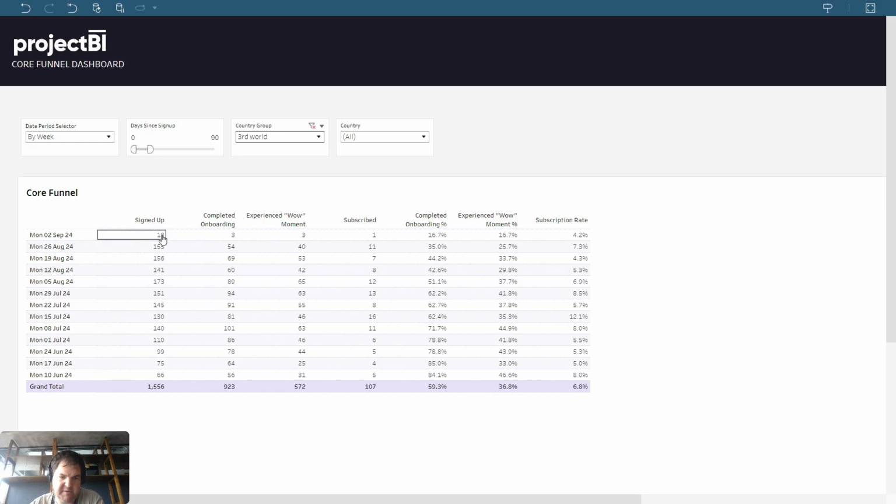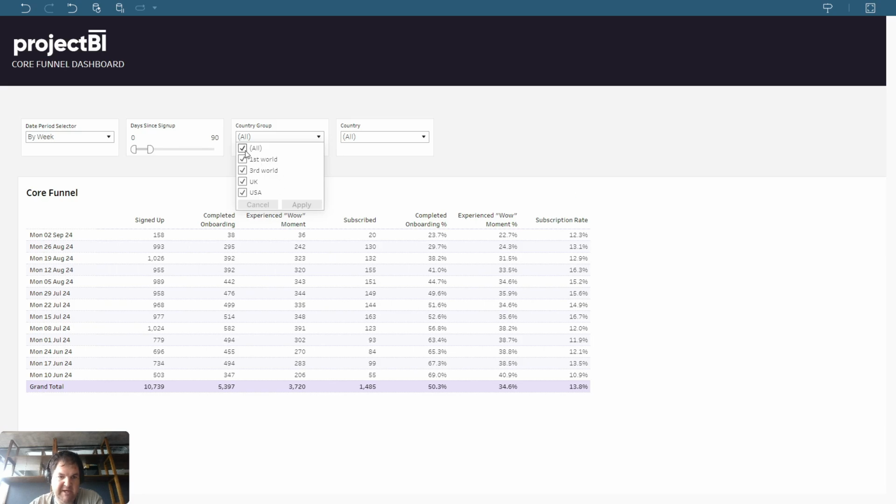The size of the cohorts are much smaller now because we've segmented the list even further. We filtered the list down. But notice the massive difference between the subscription rate of all of our users compared to third world. Right, now if we only focus on first world, the numbers go up, right?